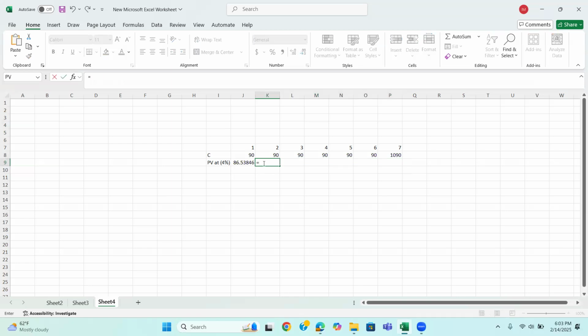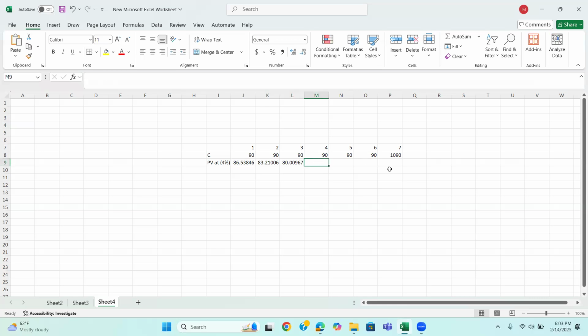So for the second year, you do it that way: 90 over 1.04 to the power of 2, right? And the third year, 90 over 1.04 to the power of 3, something like that.